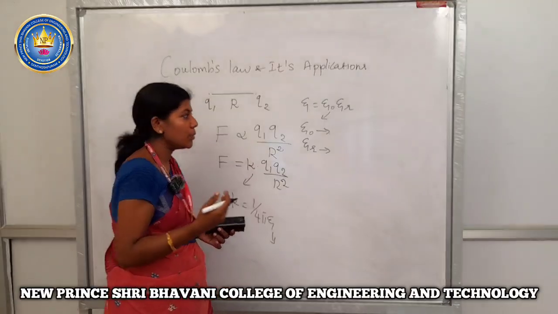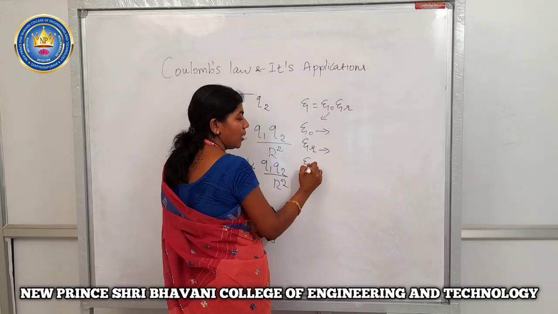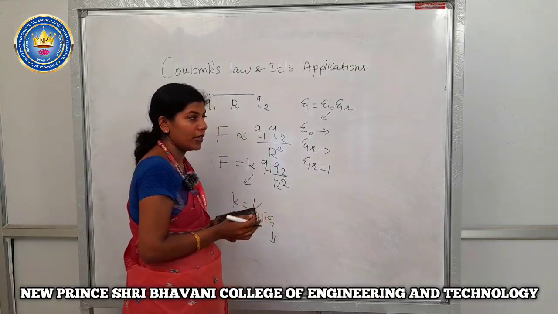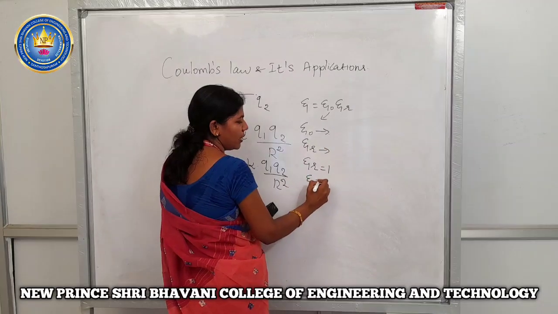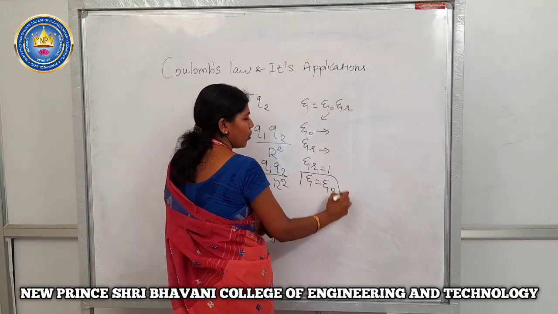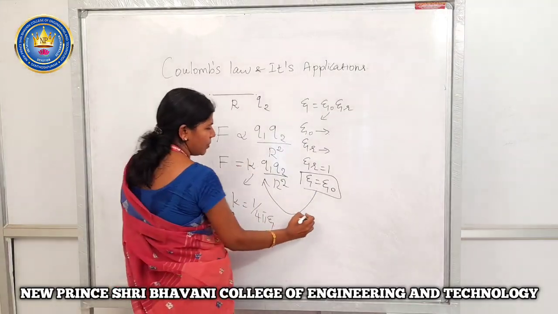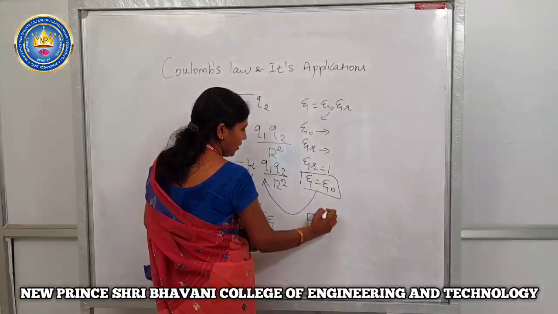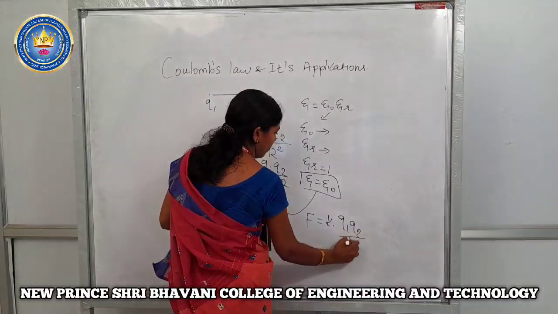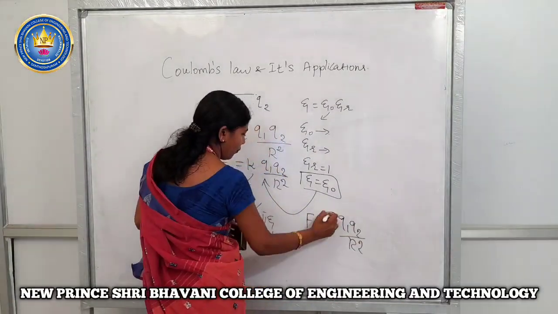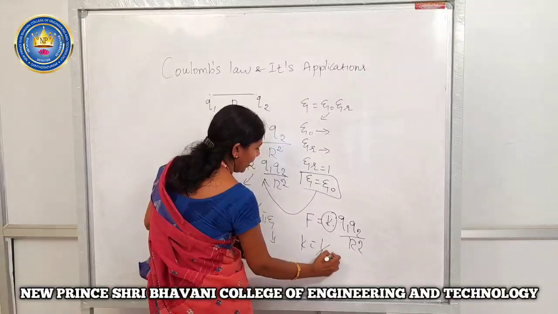But for free space, the value of epsilon r is equal to 1, then epsilon becomes epsilon naught. So when we substitute this into the equation, F is equal to K into Q1 Q2 divided by r square, where K is equal to 1 divided by 4 pi epsilon.